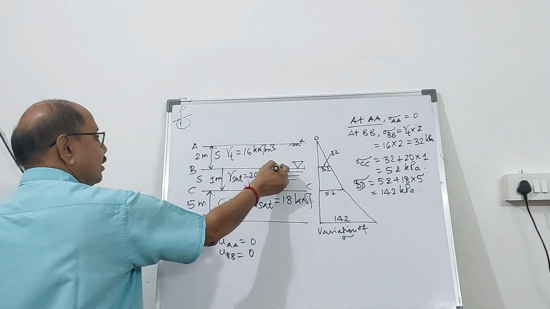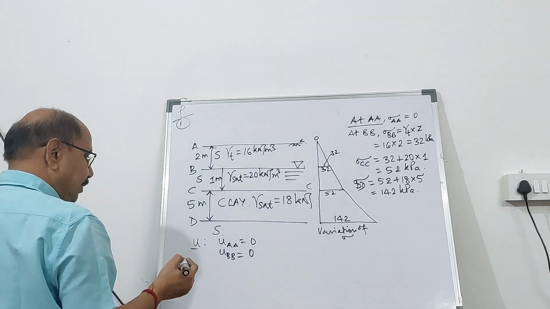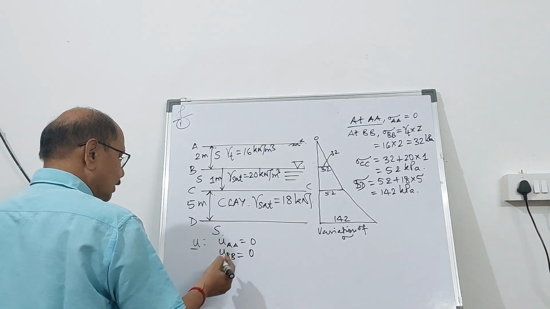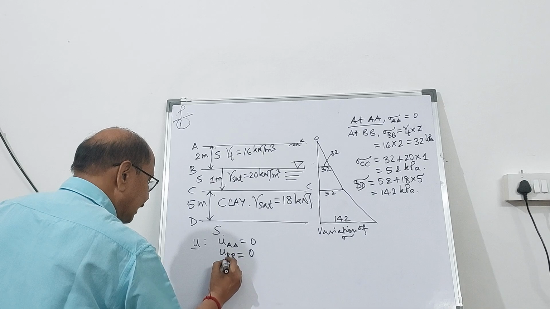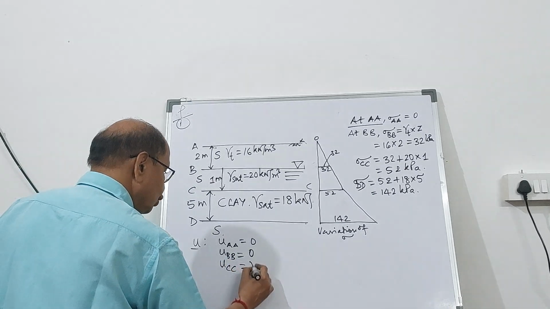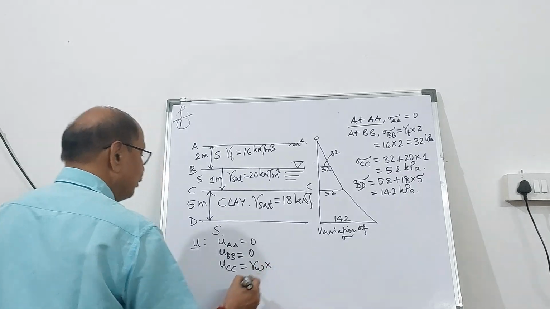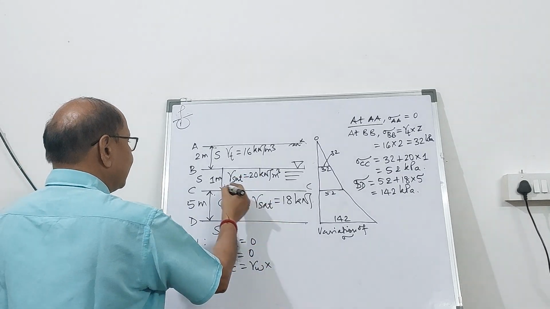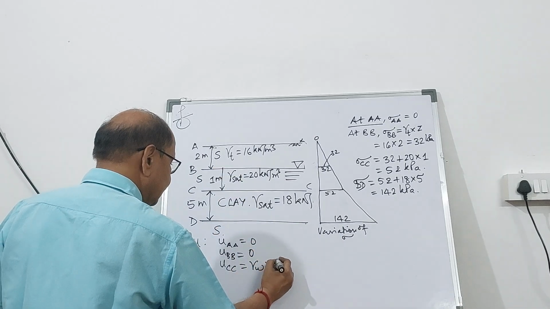No. The groundwater table is here at BB, so above that there is no water column, so it is 0. U at CC is going to be the unit weight of water multiplied by the column of water, and the column of water is 1 meter.